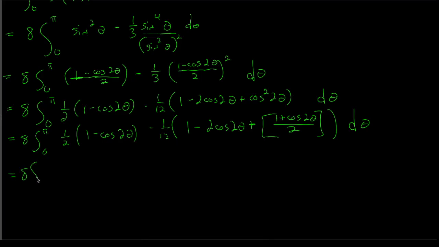So I'm going to collect like terms. So this is going to be 1/2 minus 1/2 cosine 2 theta. So I distribute that through. Then I'm going to distribute this negative 1/12 through. So it's going to be negative 1/12 plus 1/6 cosine 2 theta. And then this is going to be a minus. And so the minus is going to be negative 1/12, or 1/24, sorry.